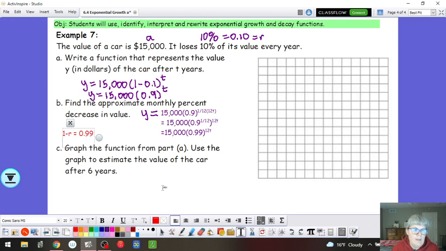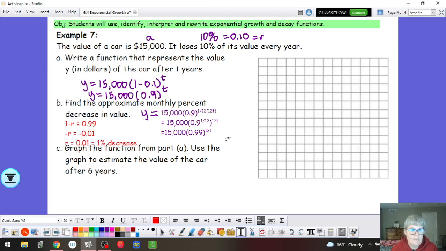So we're going to end up with negative r, because I'm going to subtract the 1 from each side. So negative r is going to equal negative 0.01. So r equals 0.01, or a 1% monthly decrease.